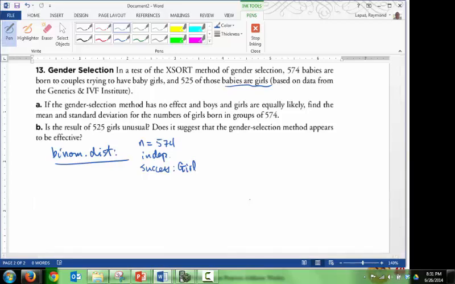It has nothing to do with a success or a fail. Provided we assume that the method has no effect on the boy-girl ratio, the probability of getting a girl or a boy is just 1/2. So our P is 1/2, and if needed, our Q is also equal to 1/2.